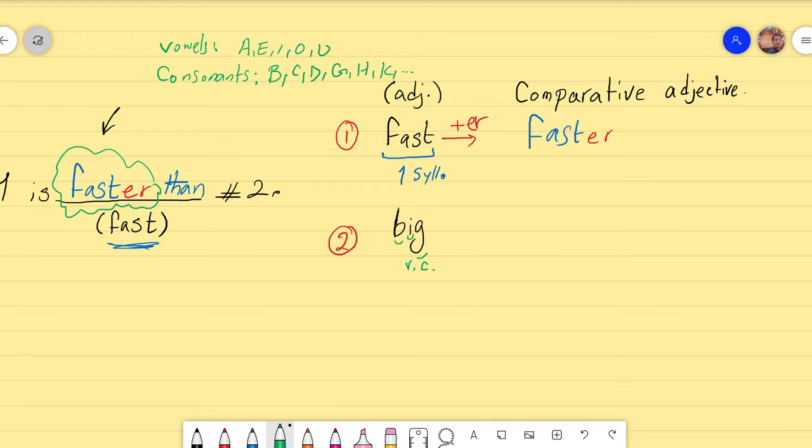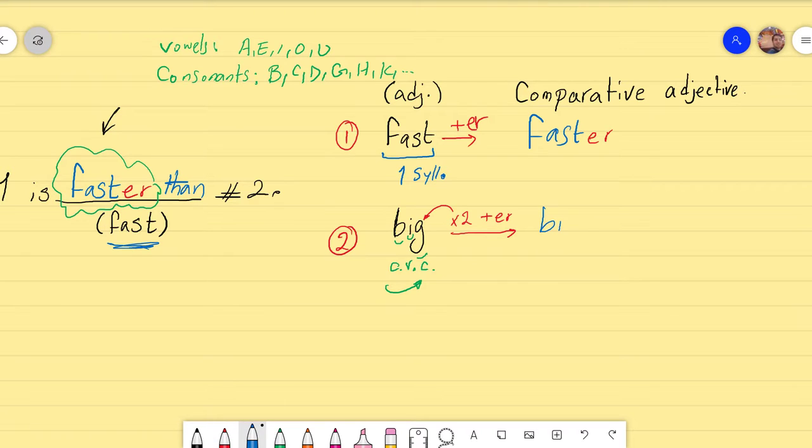Before I, we have B, a consonant. So, at the end of your adjective, if we have consonant, vowel, consonant, or CVC, then what do we do? We double the last consonant and then add er.